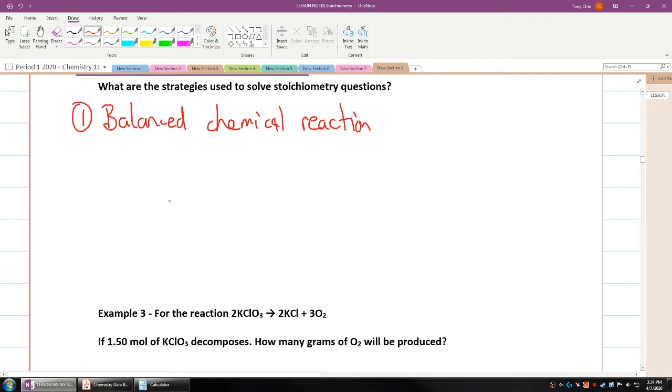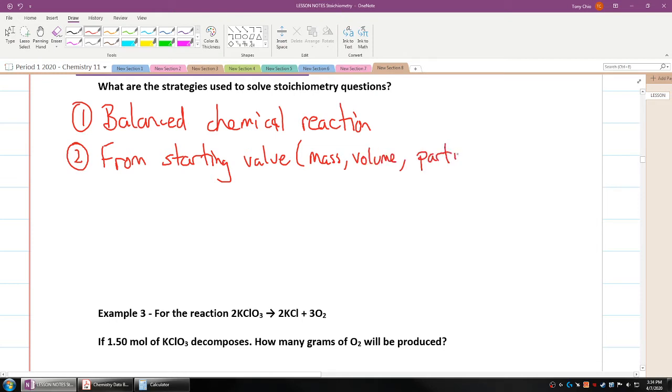Now what do you do next? Your next step is, from your starting value, and this starting value can be in mass, volume, or particles, you want to convert to moles. So from the starting value, you now convert to moles.